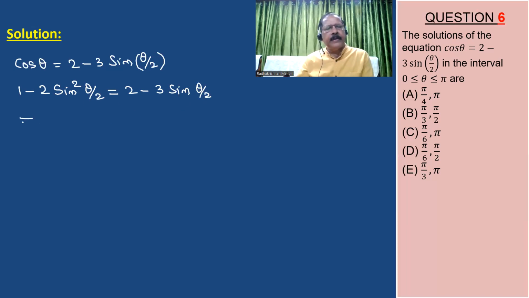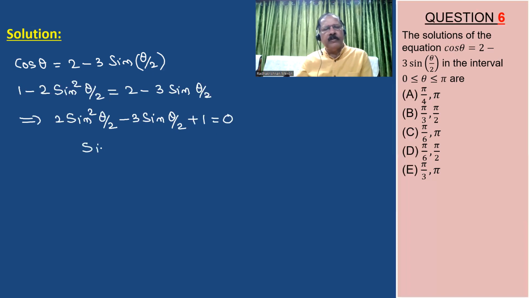So again, 2 sin squared theta by 2, then minus 3 sin theta by 2, then 2 minus 1 is 1 equal to 0.